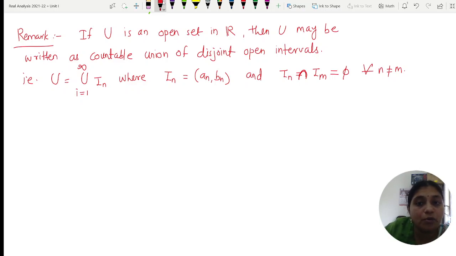Countable union of disjoint open intervals.